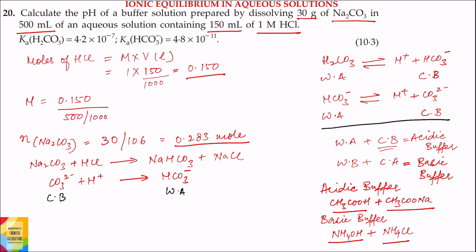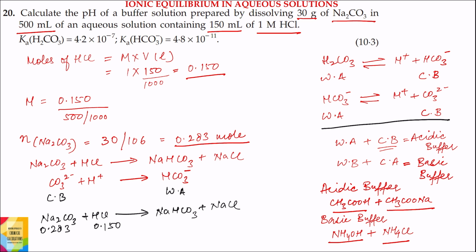Again, writing the reaction again, Na2CO3 plus HCl forming NaHCO3 plus NaCl. Number of moles of Na2CO3 present is 0.283 moles. Number of moles of HCl present is 0.150 moles. According to the balanced equation, 1 mole of HCl reacts with 1 mole of Na2CO3.